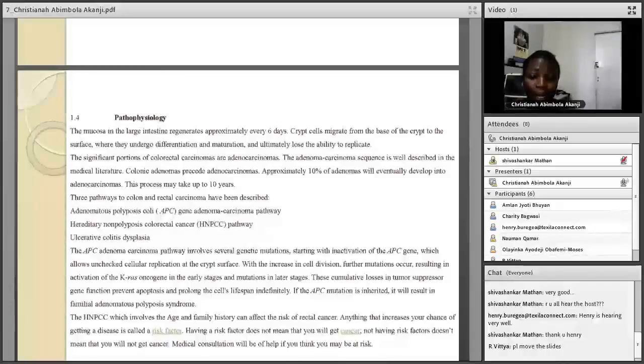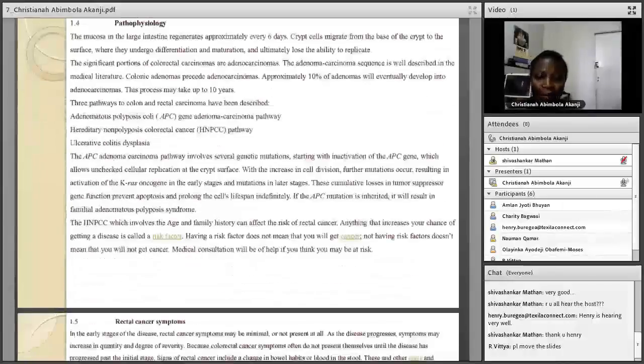The adenoma carcinoma sequence is well described in medical literature. Colonic adenomas precede adenocarcinoma. Approximately 1% of adenomas will eventually develop into adenocarcinoma.